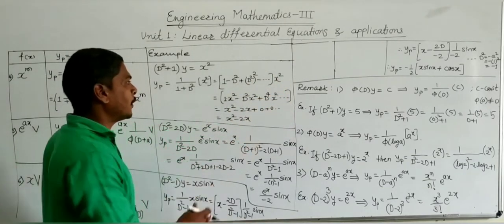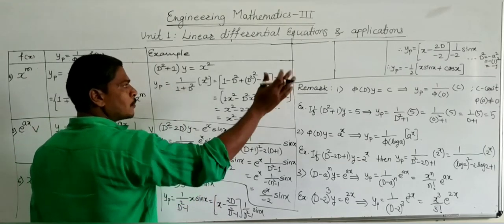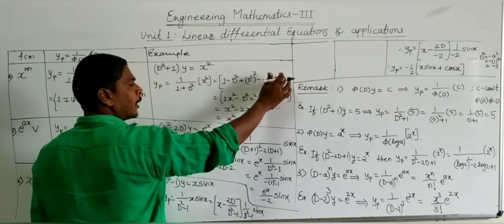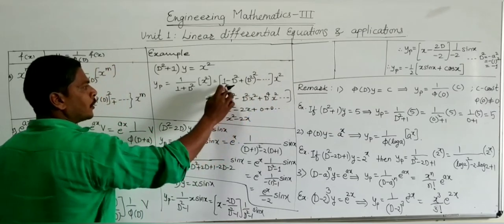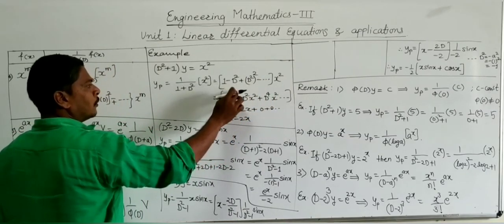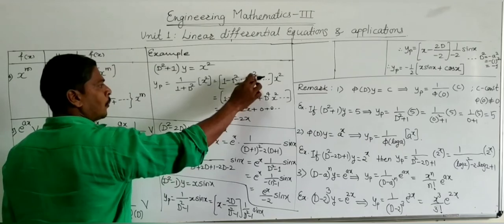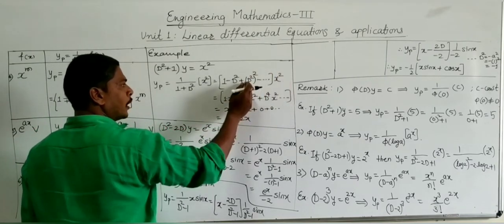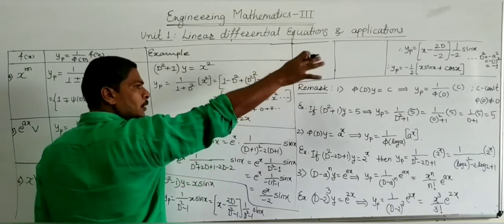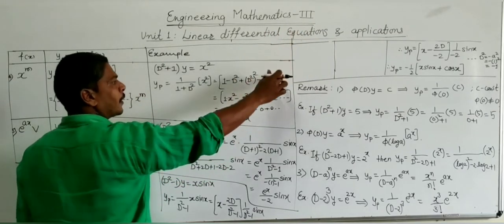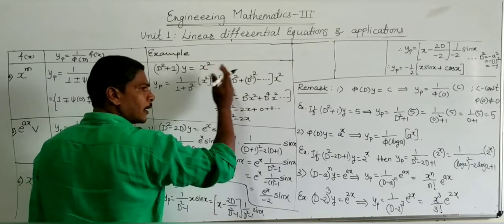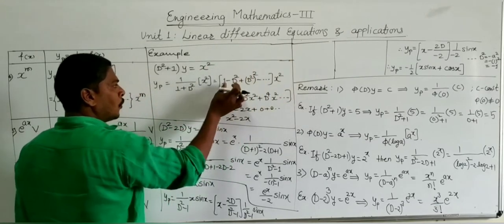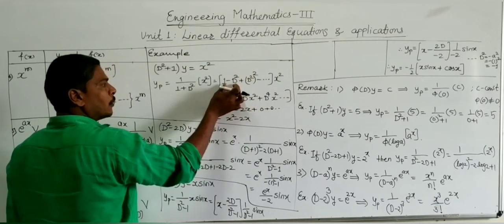That's why we eliminate all terms having power greater than 2. In that way this expansion becomes 1 minus D square. The power of the next term is 4, which is greater than the power of x, so eliminate this term and all other terms having power greater than 2. Only these two terms are remaining.